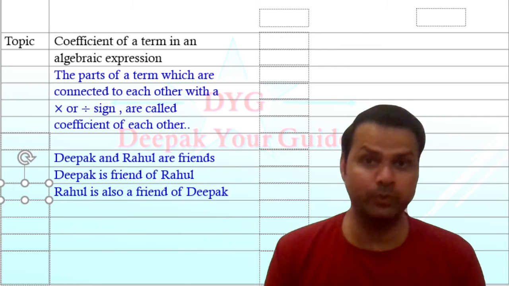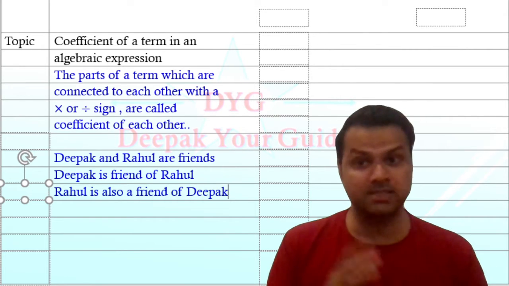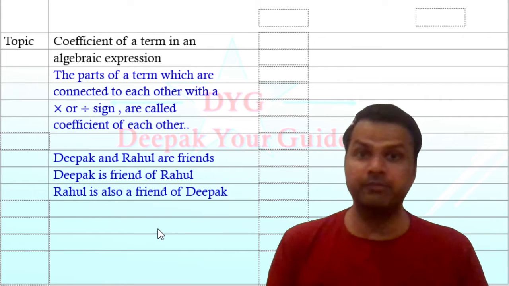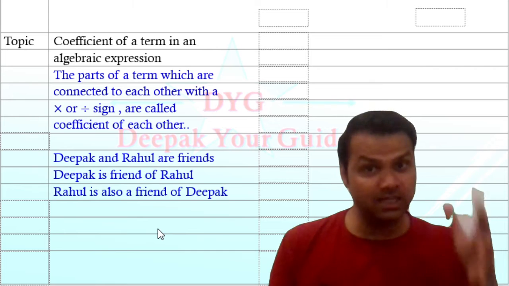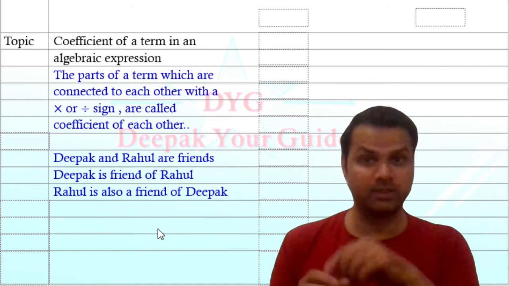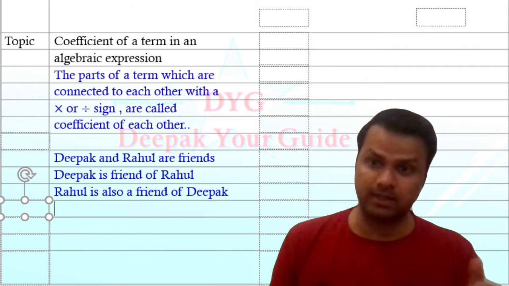They are interconnected with each other. They share the same relation of friendship. Similarly, in coefficient, if one is a coefficient of the other, that means the other is also a coefficient of the first one.